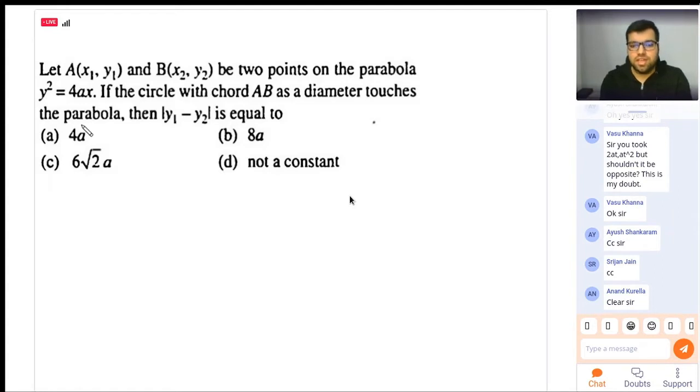If the student is able to solve it logically, then they will be able to attempt the question faster. So in this particular question, try to imagine the diagram first and then go ahead and solve it. Because when you imagine the diagram first, then you will know the right approach to solve it.